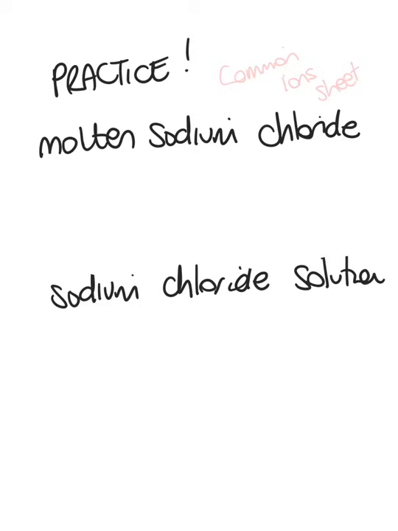This is something that you should be practicing, and I've said to my students, before you really get stuck into electrolysis questions, you should be able to identify and split up compounds into their ions, like sodium, Na+, chloride, Cl-.